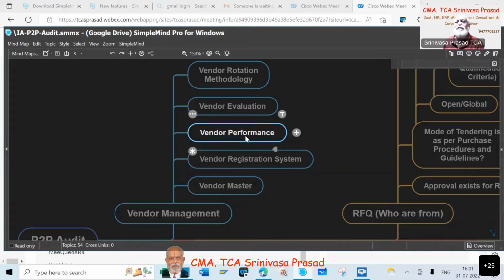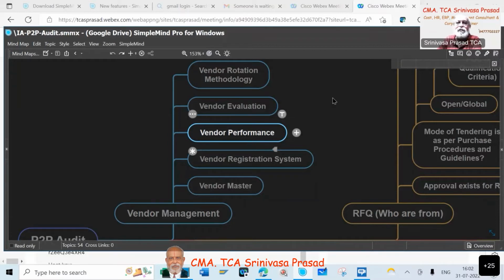So your vendor's performance starts from your certificate to your customers. We'll have to ensure all those things. Now, we will have to find out from your client organization whether all these things are being done by them or not. If it is not being done, then as an auditor, you are supposed to give your suggestion as to what all they should do, so that you can breathe easy and your client also will breathe easy, right?